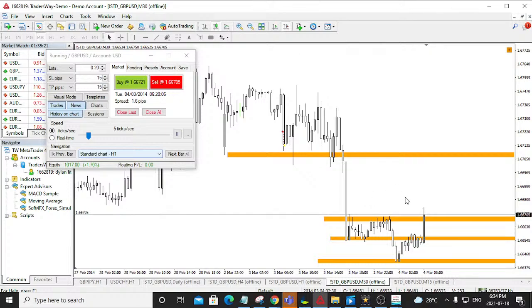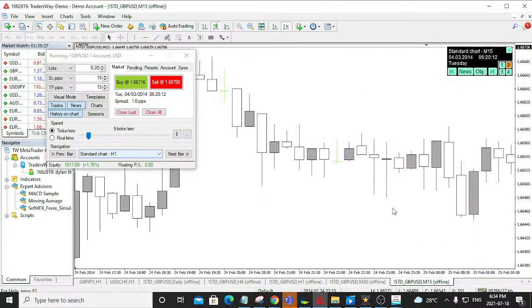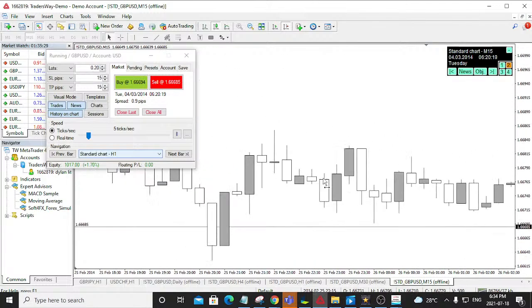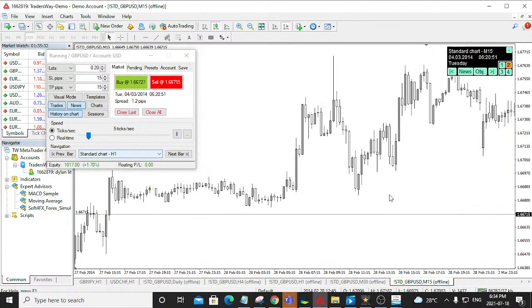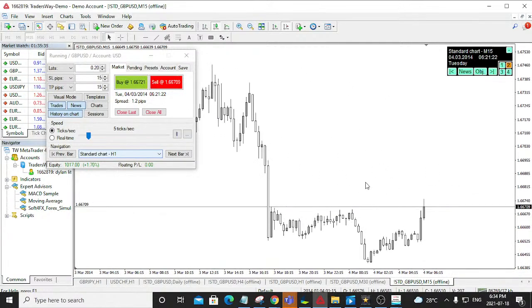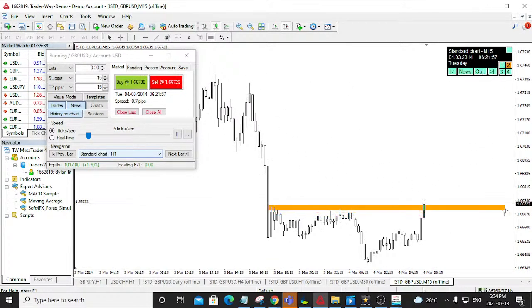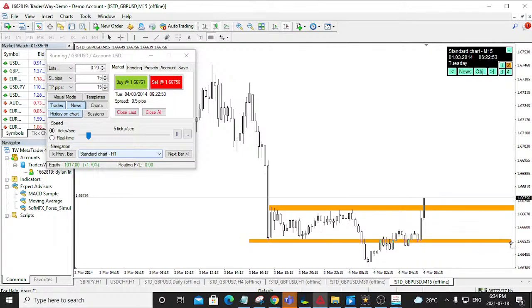This is GU coming back on the 15 minute. Let's kind of see what that's looking like. Zoom out. Okay, so on the 15 minute, if we zoom in, we can see that there's candles now breaking above. We have it at 6:22 a.m. on the simulator.